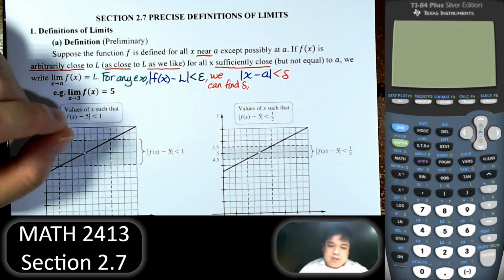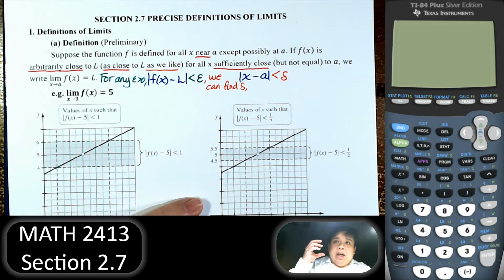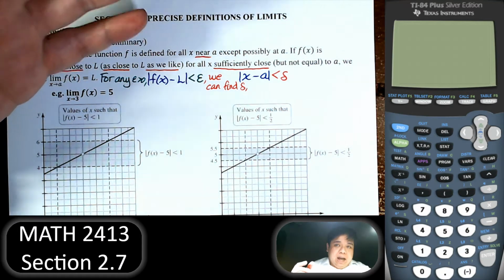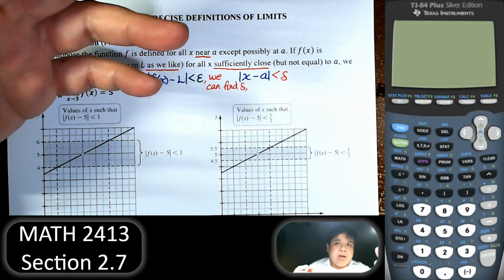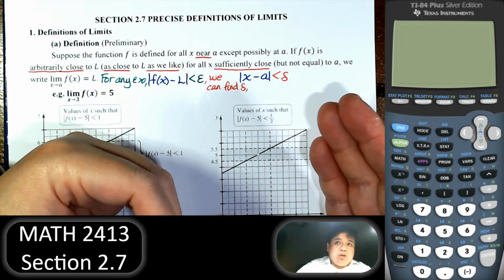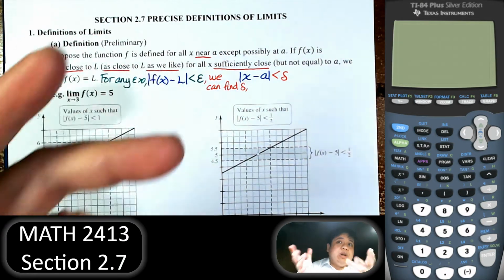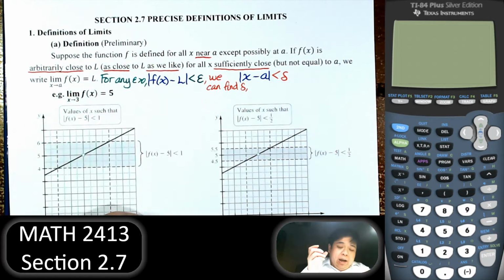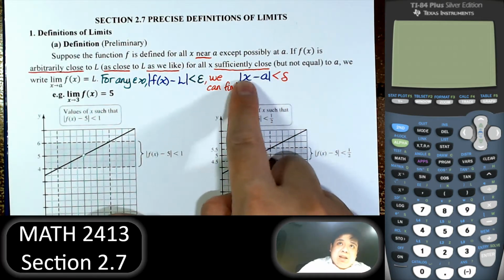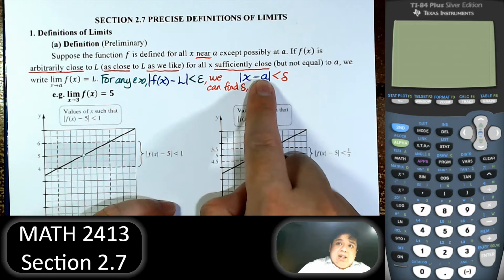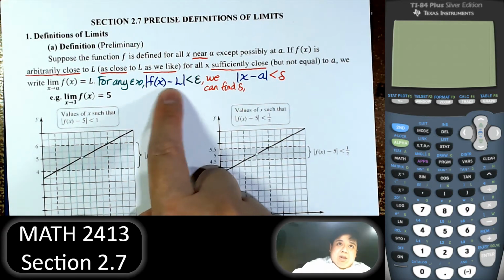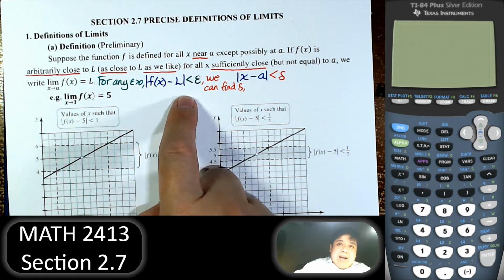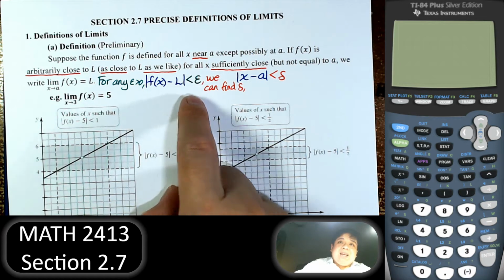The idea is you can pick any epsilon to be any small number. If you choose epsilon to be a very small number, I will give you a delta, usually a small number as well. In that case, if the distance between x and a is less than delta, then the distance between the values of the function and L is less than epsilon.